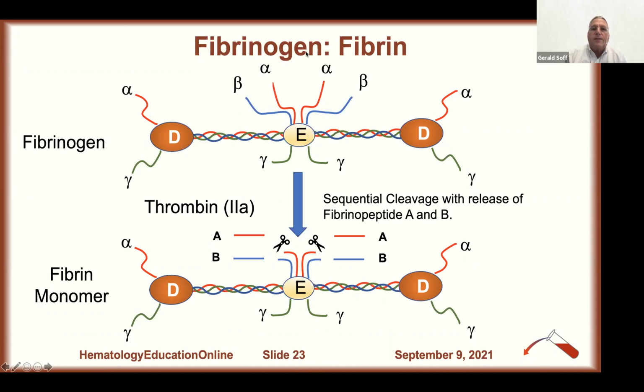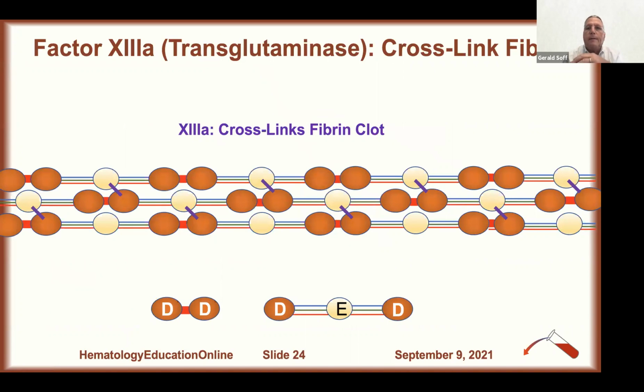Fibrinogen gets activated by an enzyme, physiologically thrombin, which sequentially cleaves parts of the alpha and beta chains, releasing fibrin peptide A and fibrin peptide B, and that results in a fibrin monomer, which is able to polymerize. The fibrin monomers, which polymerize, are then stabilized or cross-linked with factor 13A, shown here in cartoon form, and that results in a cross-linked stabilized fibrin clot. So that's how we see things at the bottom.